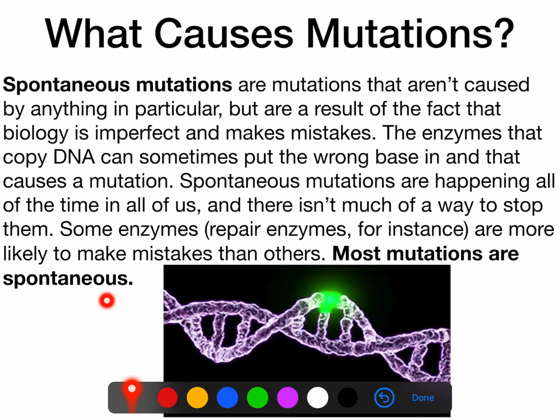Of these, spontaneous mutations are much more common than induced mutations. But, in general, the number of spontaneous mutations that you get is fairly constant, whereas the number of induced mutations that you get can vary widely.